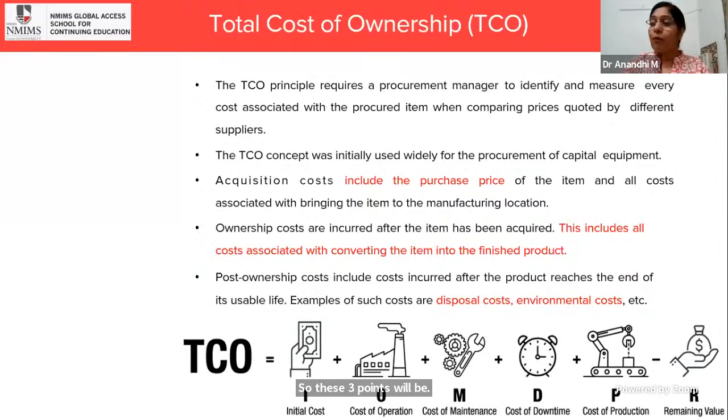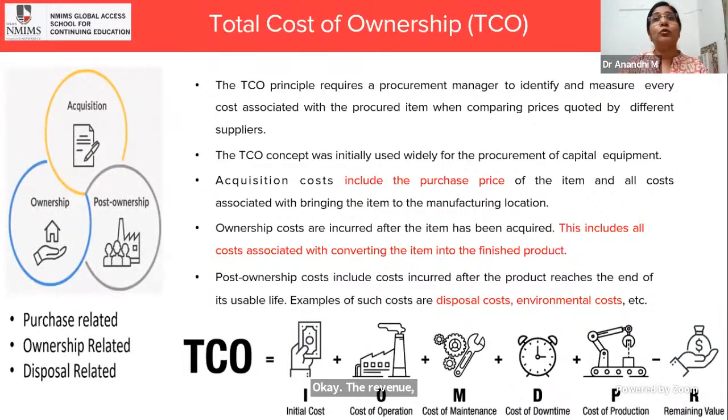And one more important aspect is the total cost of ownership. That means every business revolves around the cost factor, okay? The revenue you are generating, and the cost you are incurring to generate that revenue. That is very, very crucial, especially from a supply chain perspective.